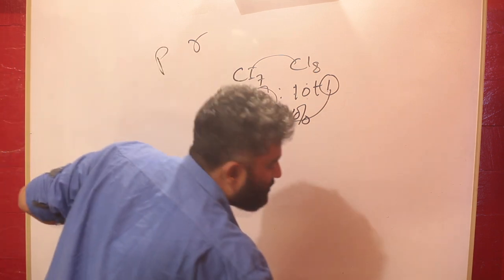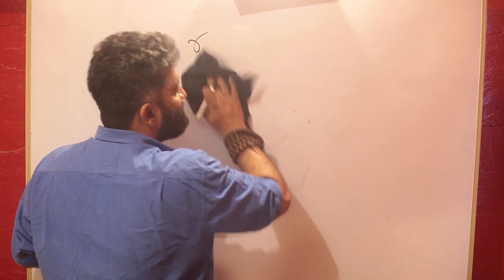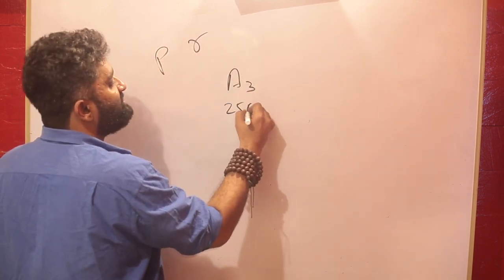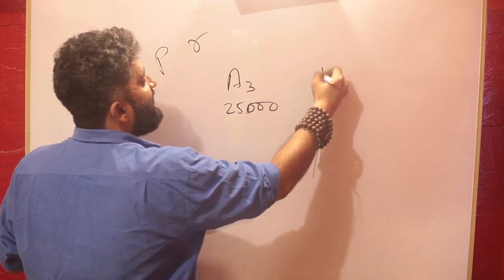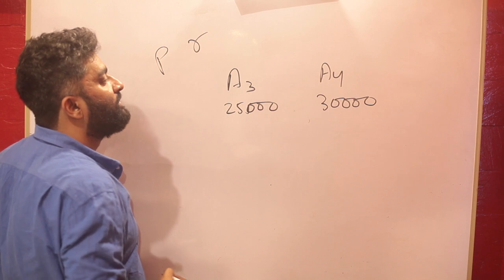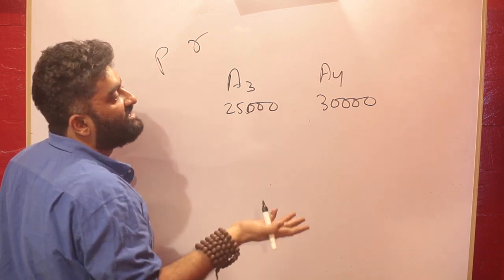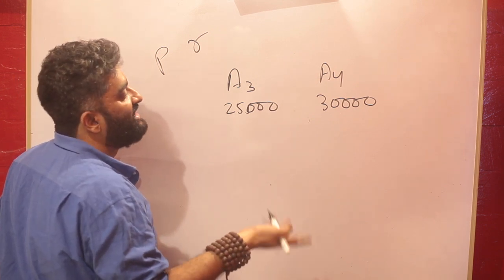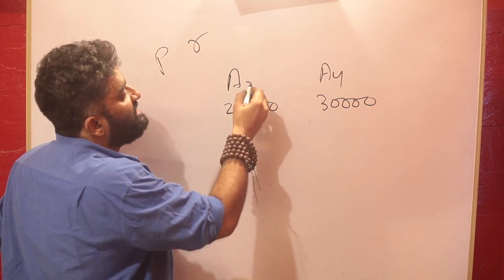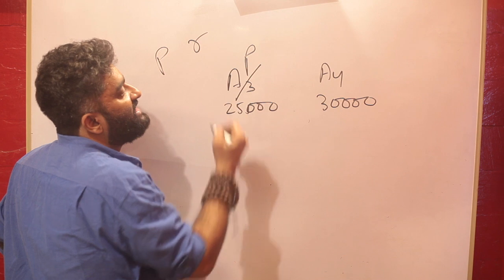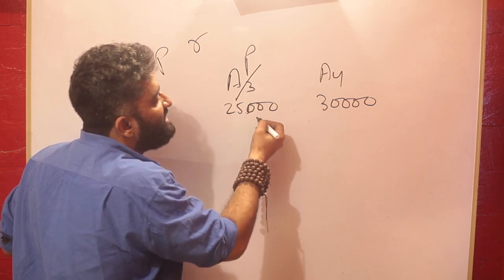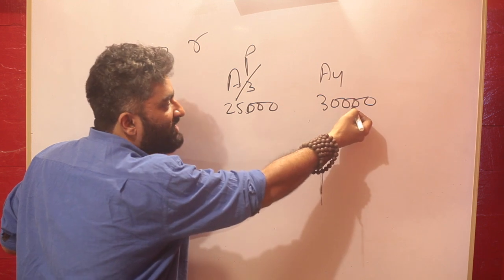So not only for the compound interest, I could have also said the amount in the 3rd year is 25,000, right? And amount in the 4th year is 30,000. So what is the rate? What is the rate of interest? Again, I will not use the formula. I will remember that the amount for the 3rd year is the principal, and on a principal of 25,000, in 1 year you're going from 25,000 to 30,000.